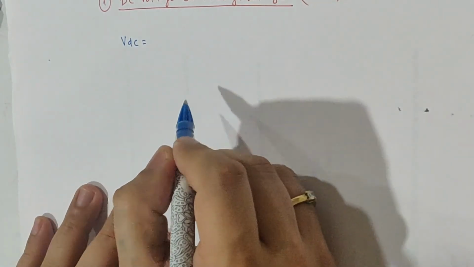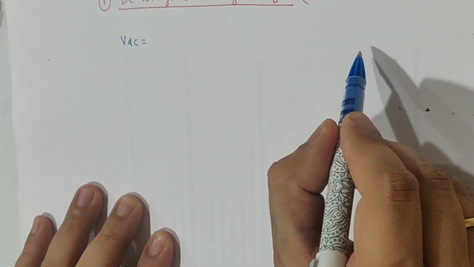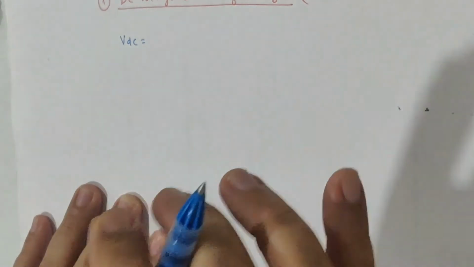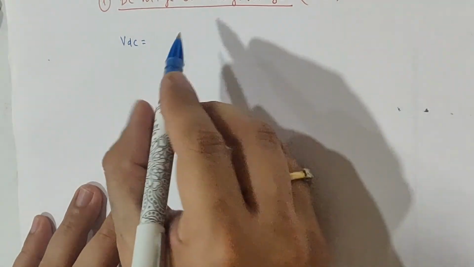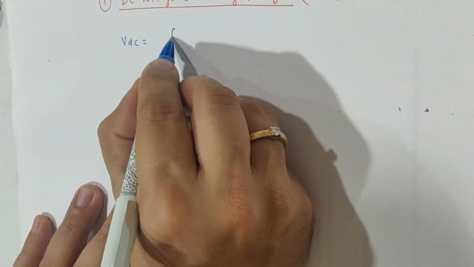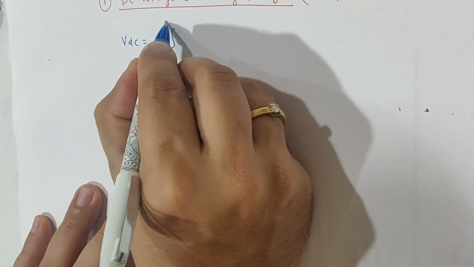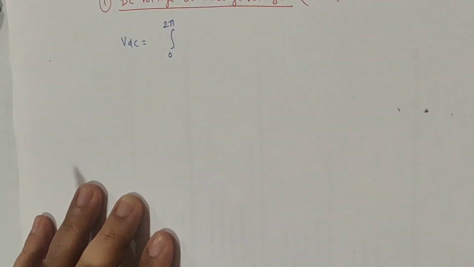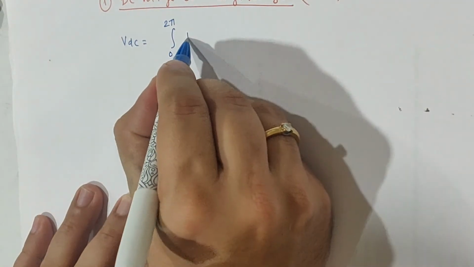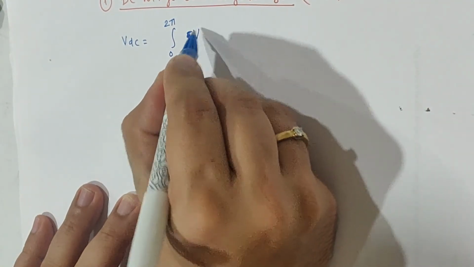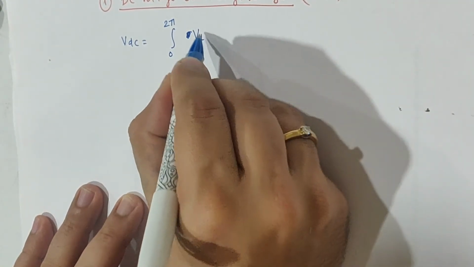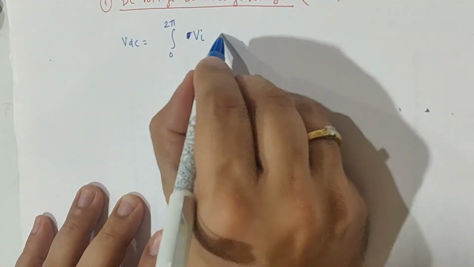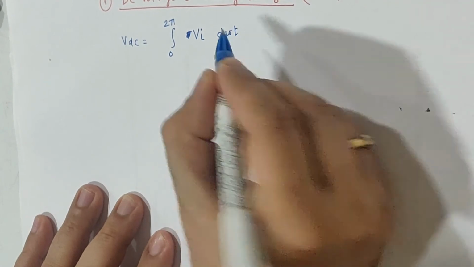So I will be adding every point, and then dividing it by the total number of points that we have. Adding means integrating, so integrating over the entire period, that is 0 to 2 pi, the input voltage VI d omega t.